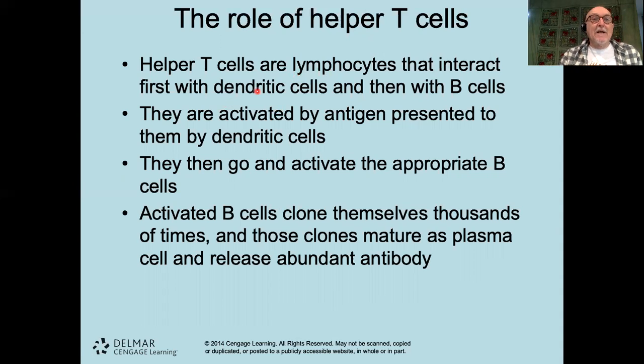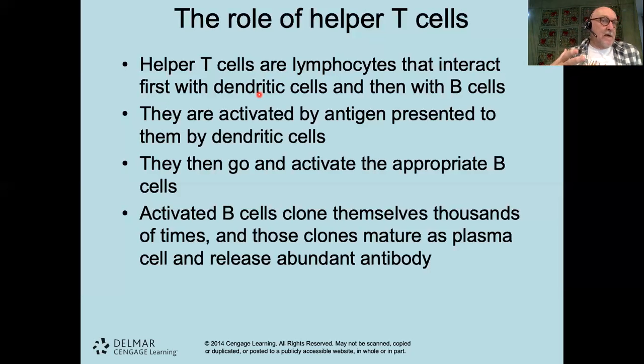The dendritic cell picks up that information from the body somewhere, sees that that antigen is present. It goes to the lymph node. It forms a specific set of T cells that will react with that antigen, activates them. They go and find their matching B cell, and the matching B cell produces antibody to that specific antigen.